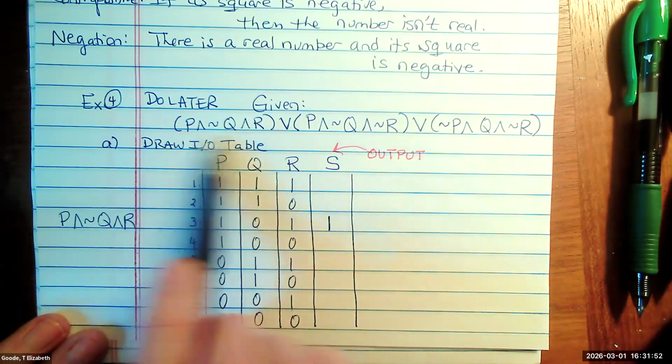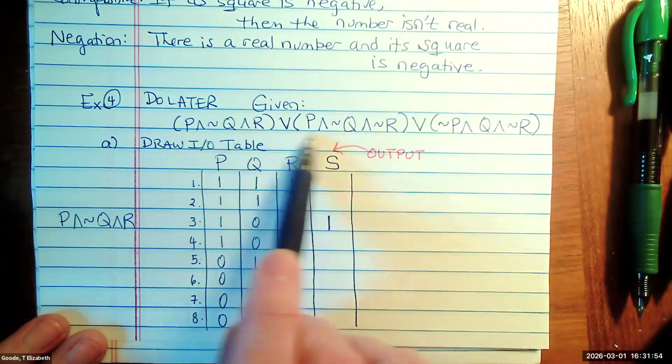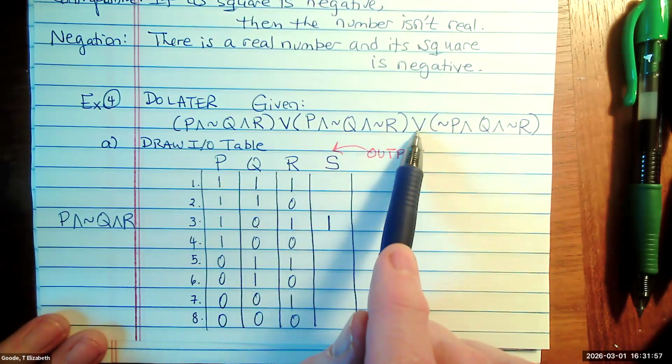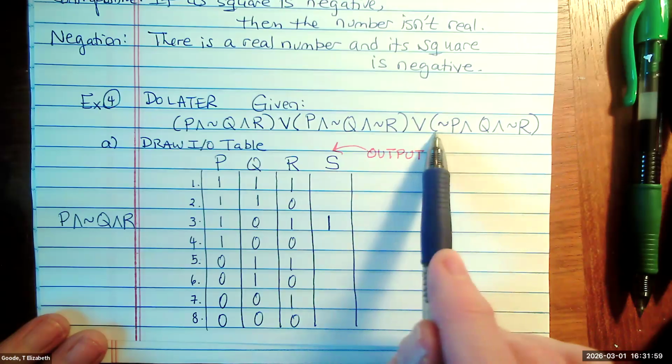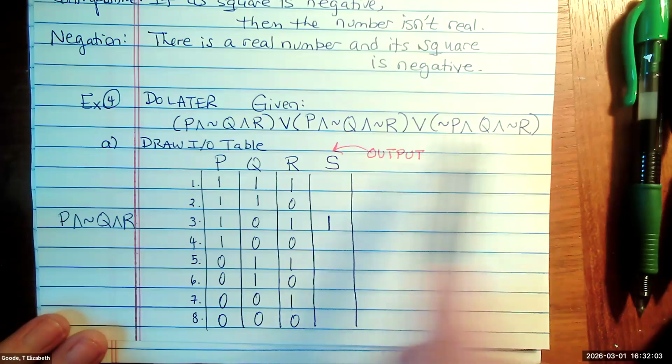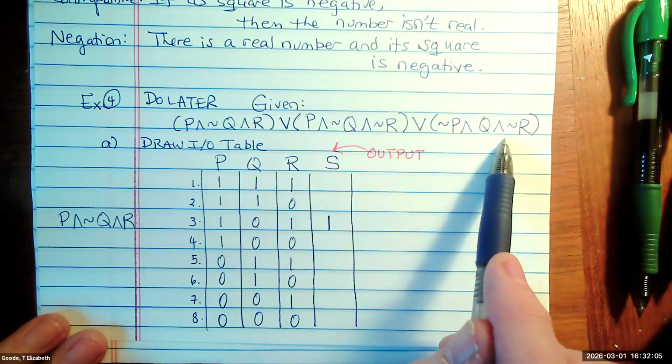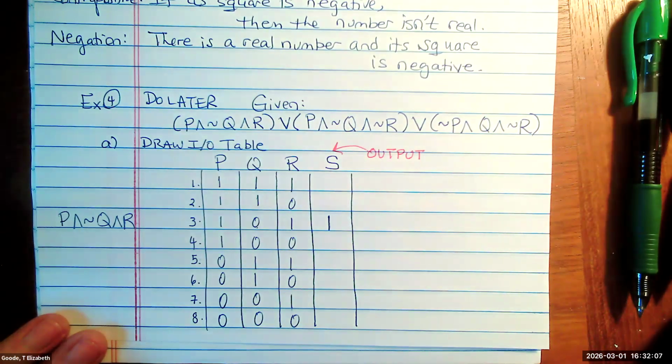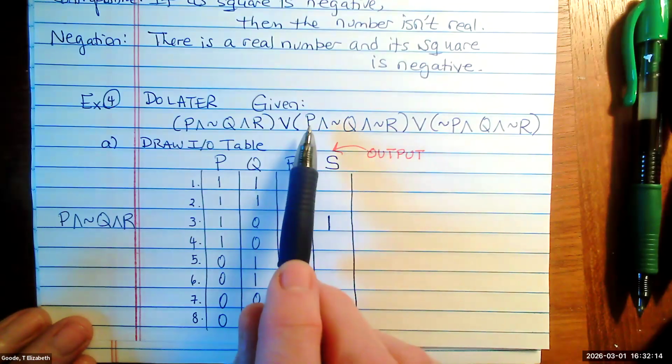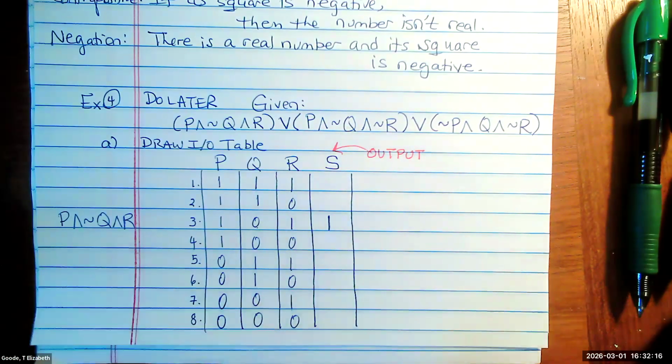So it's either this is going to happen, or this will happen as input, or this third expression represents the input state. If this happens, or this, we get a 1. So there are 3 different ways we can get a 1 as output. So what row does P and not Q and not R represent?